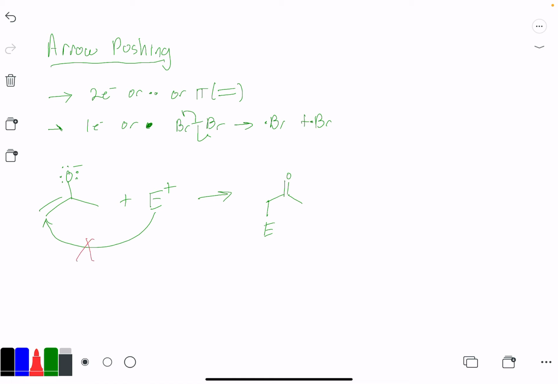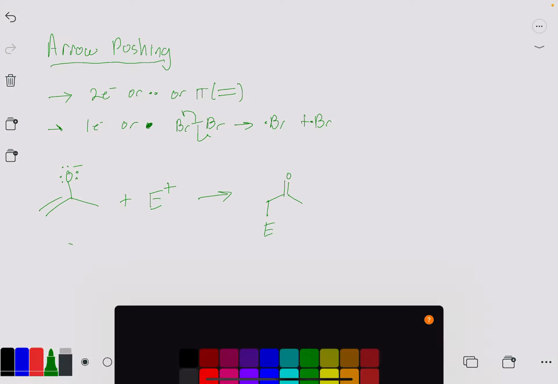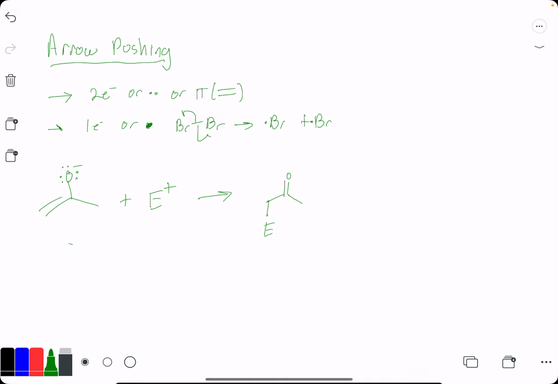Because the electrophile is electron poor. It's wanting electrons. And so that's not where the electrons are moving from. You have to have electrons to be able to form a bond, and the electrophile doesn't. So that would be incorrect. So the next possibility would be, okay, if this is the electrophile, then this over here must be the nucleophile.